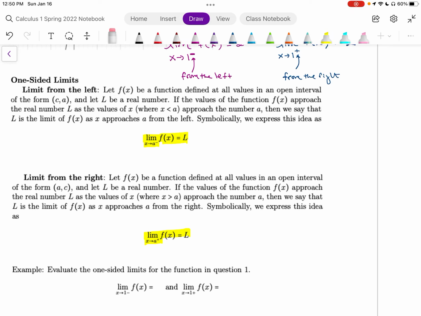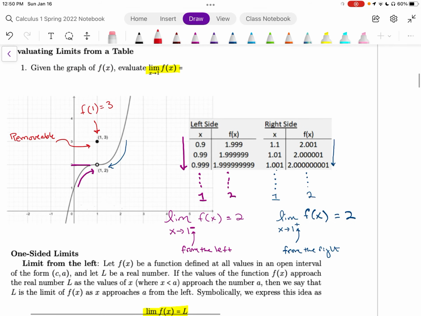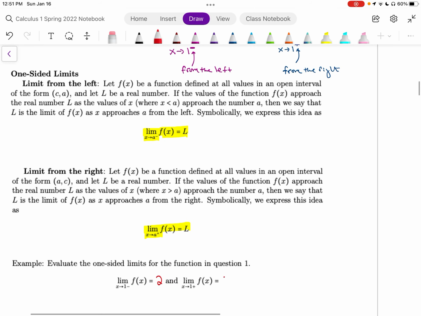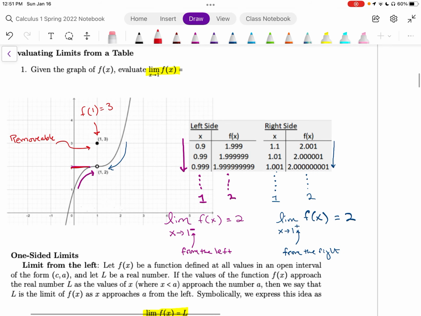It just didn't show up that way. So in both cases, and this is important, we get 2 coming from the left, right? We got 2 right here coming from the left. And when we came from the right, we approached 2. Okay, so coming from the left or coming from the right, we approach 2.